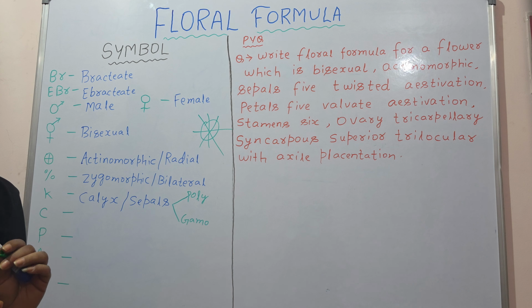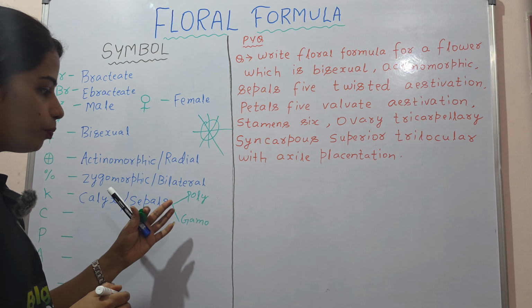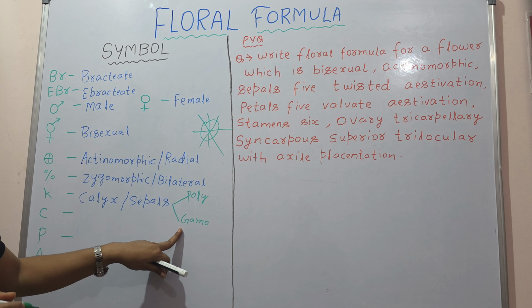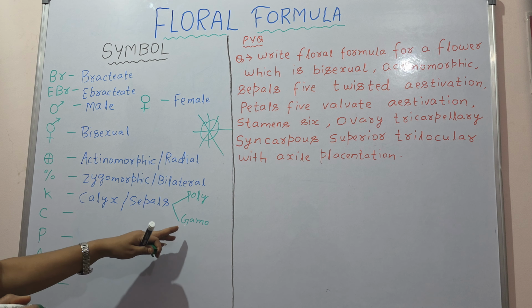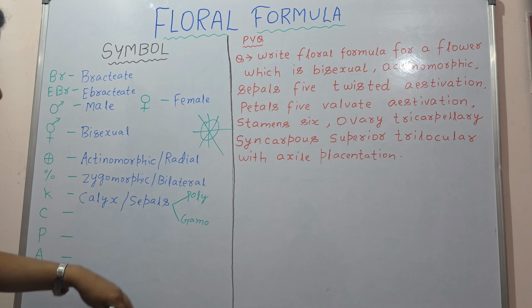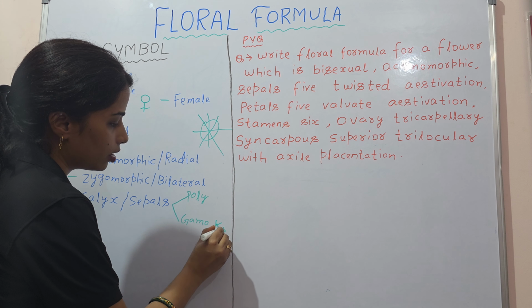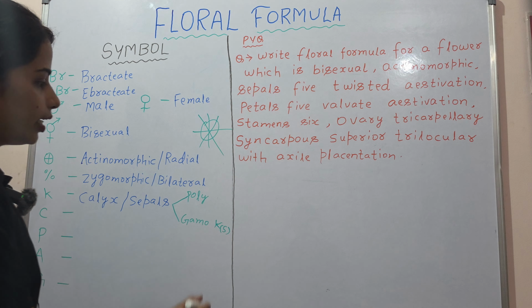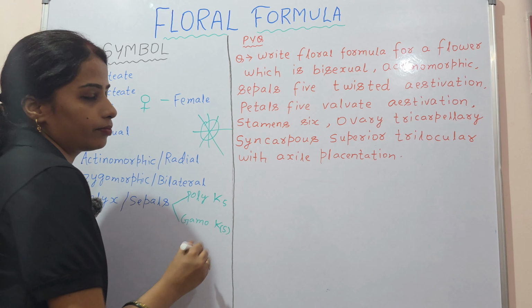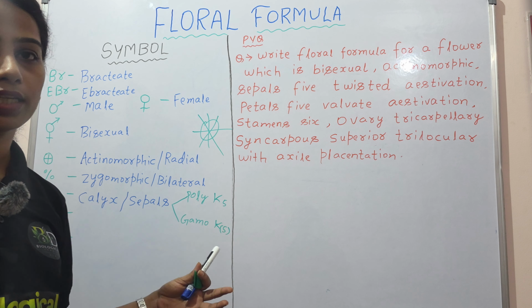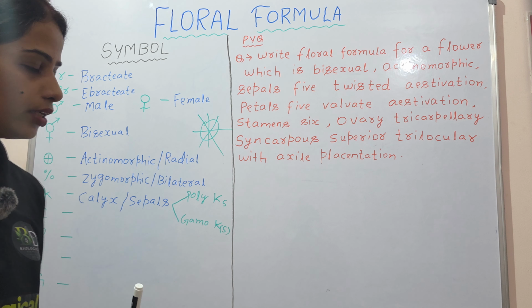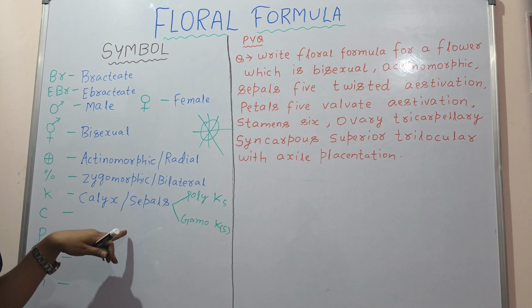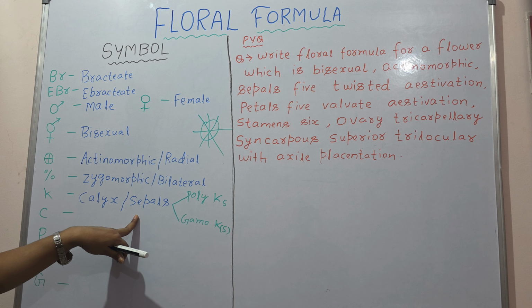Okay, so what is the meaning of poly or gamo? Gamo means united. When it is gamo, means united, we have to write it in a bracket. When it is poly or free, then we write it like this. The number can vary, like 5, 3, 4, right?